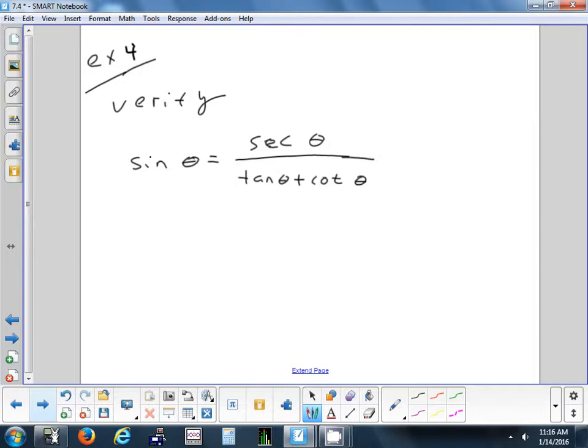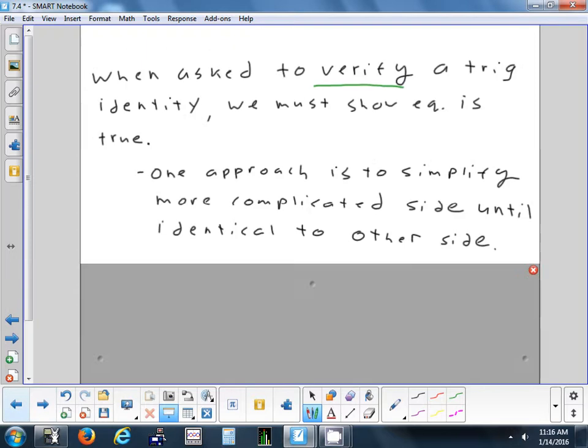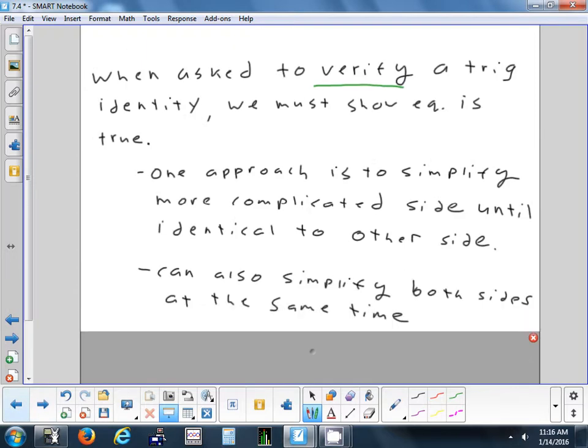Don't start with what's on the left and try to make it look more complicated. Okay, that's going to be a harder way to do it. Okay, you can also simplify both sides at the same time. I generally don't do that. Okay, you could do a little work on the left, a little work on the right, and try to make them match. I usually stick with one side and just keep working with one side at a time.